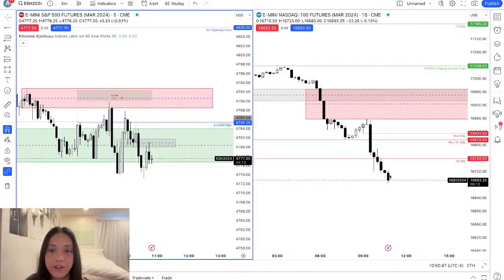If you were bearish, entering on this 15-minute fair value gap that broke this structure here, the 15-minute sell side, that in hindsight looks like the best there.